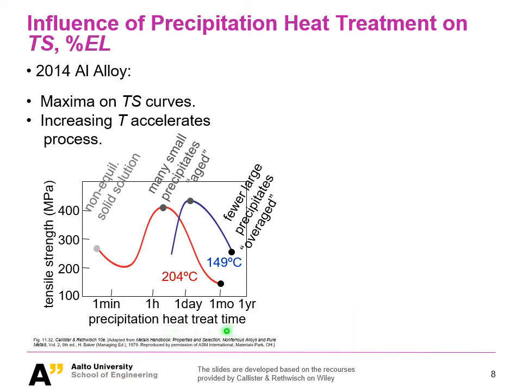This is basically referring to tempering time, but we don't call it tempering time, just to avoid any confusion. That's why it's called precipitation heat treatment time. And then we're plotting the y-axis as tensile strength, as you can see.